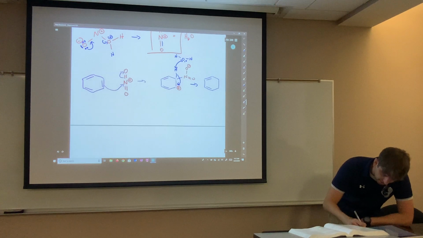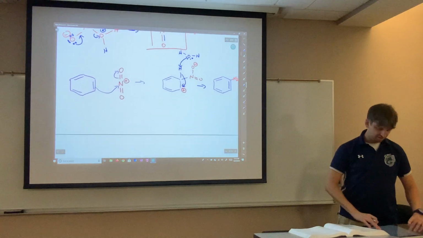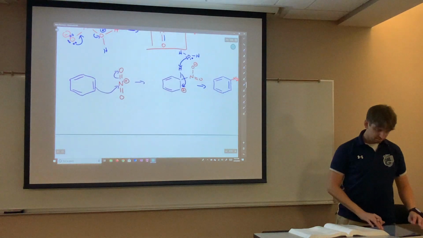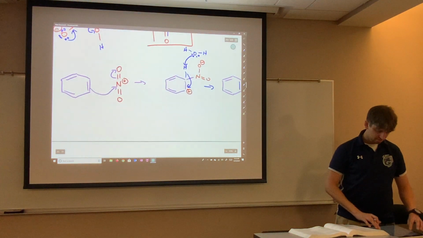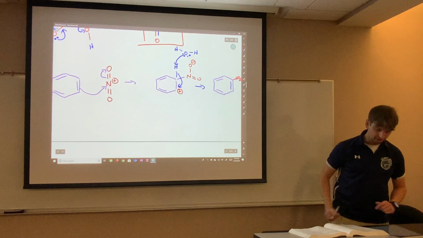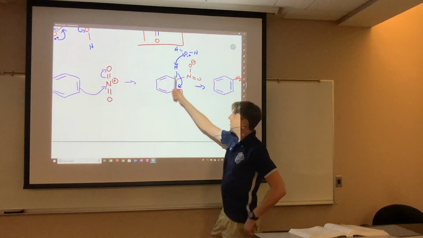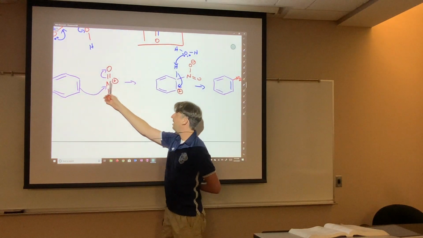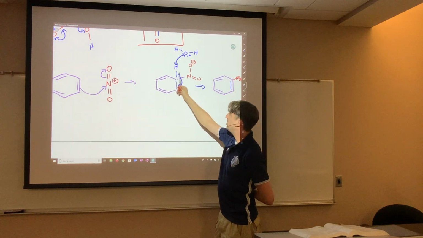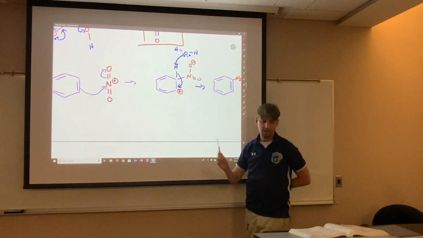Oh no, I ran out of room. Let's make that look a little bit nicer. And then I'll zoom in here so you guys can kind of see this, hopefully. Okay, right, so attack the electrophile, break the aromaticity, reform the aromaticity, end up adding the nitro group on there.